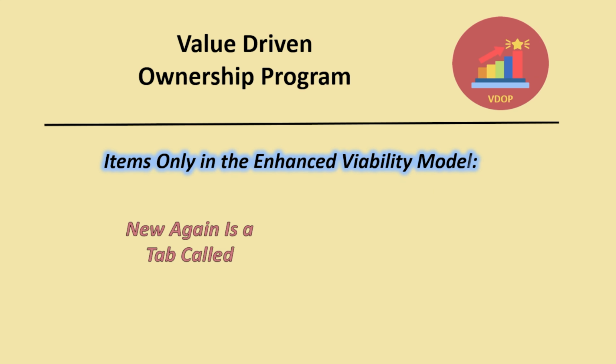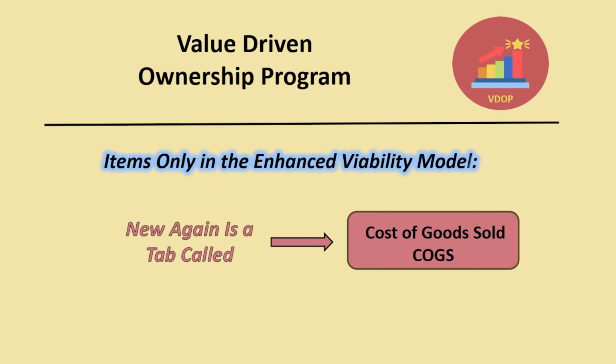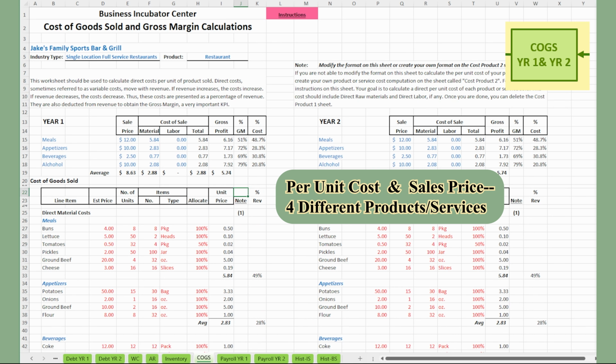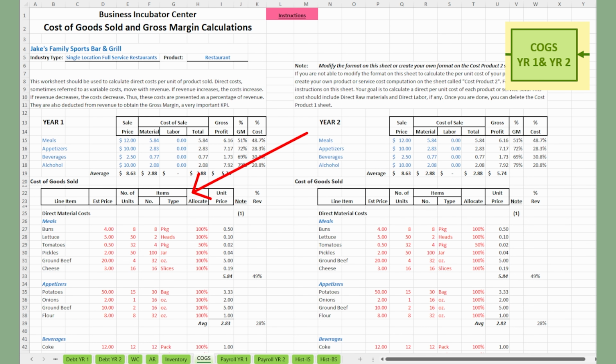New again is a tab called COGS, or cost of goods sold. Let's go there. Here, you can calculate a per unit cost and a sales price for 4 different products and services for the first 2 years. Here you can see we're building the direct material cost for meals and for appetizers.